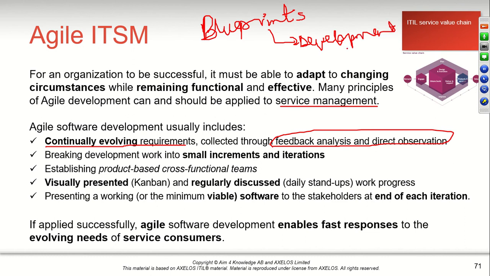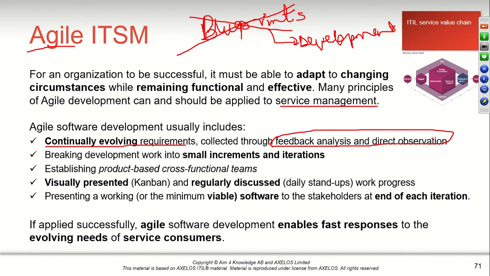But for agile, we don't work with blueprints because we want to allow change. Okay, we want to continue to evolve. We know that the requirement cannot be all gathered upfront. So in waterfall, all requirements are gathered upfront. But for agile, requirement evolves by getting feedback from the users and also through direct observation.